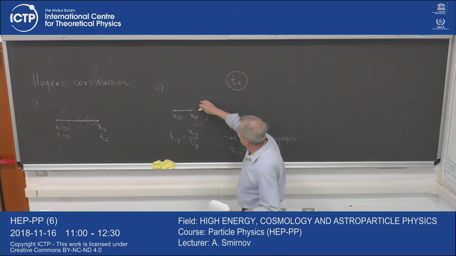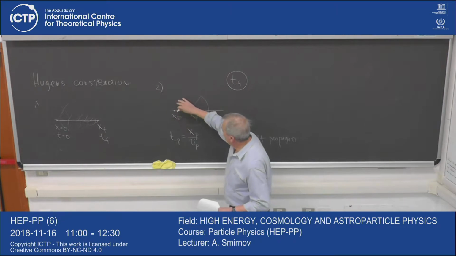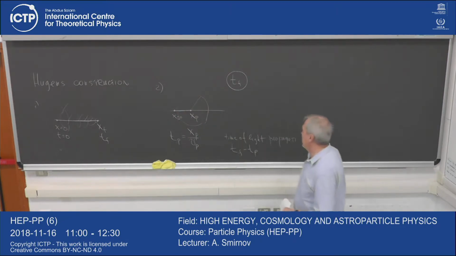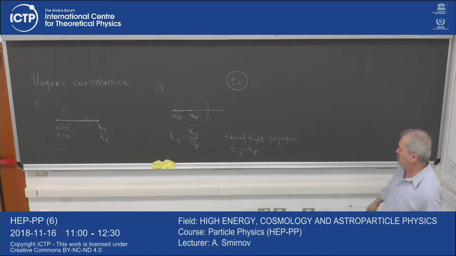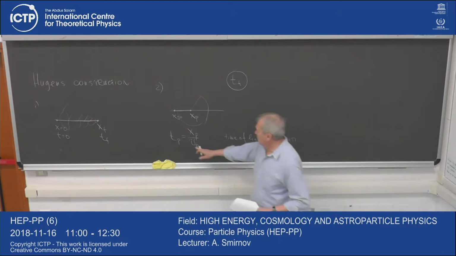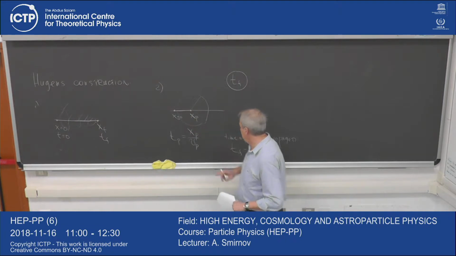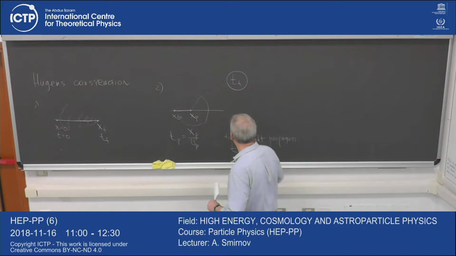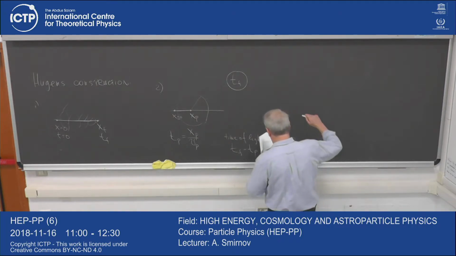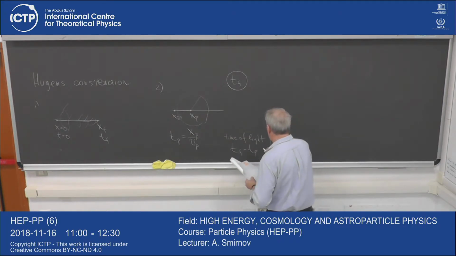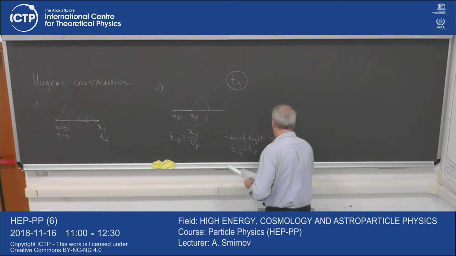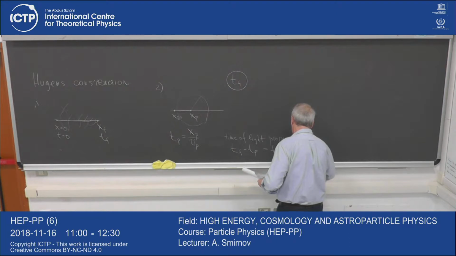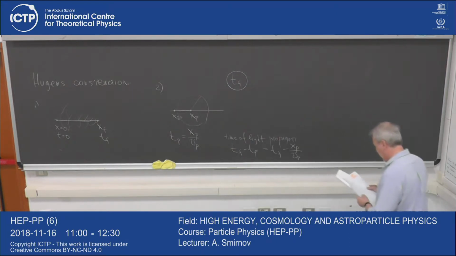I want to compute the position of light on this sphere of emitted light at the moment of time Tf. So this is the time of propagation of the particle here, and then this time is left for propagation of light. And so I can write this as Tf minus xp over the velocity of particle.